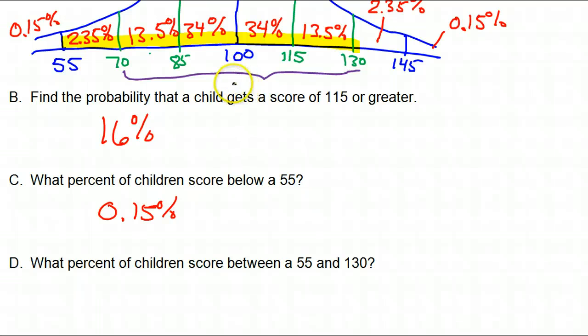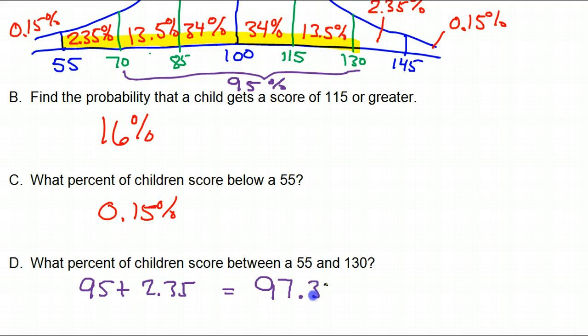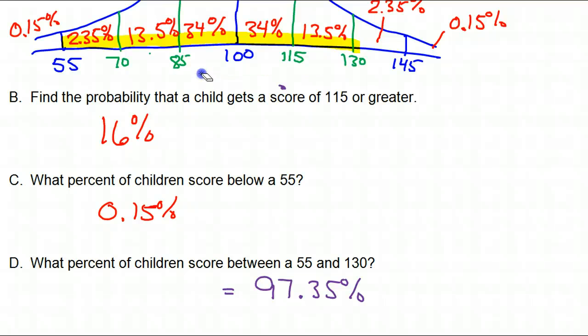So right there, I know that that is 95%. So if I remember that, then I just go 95 plus the extra 2.35, and that's going to be 97.35%. But if you did not remember about the 2 standard deviations being 95%, there's nothing to stop you from just adding up these 5 numbers. You'll get the same answer that I got.